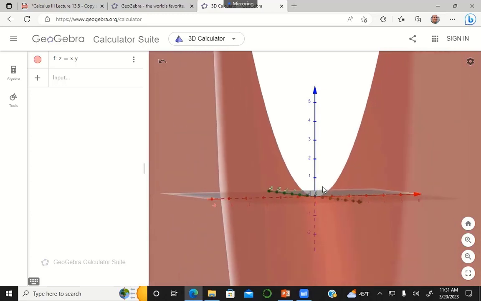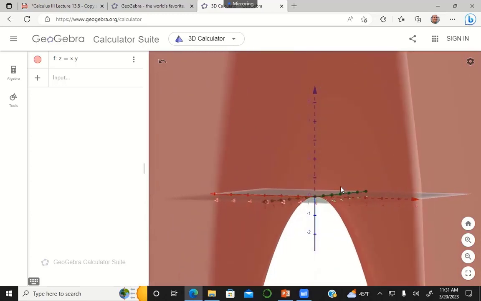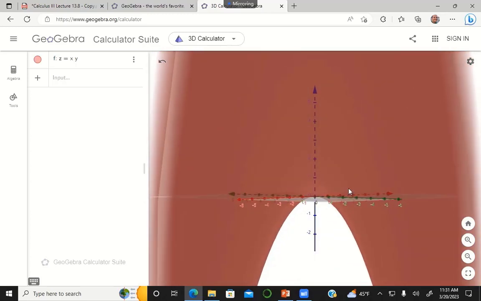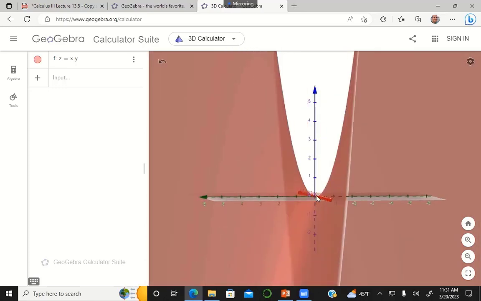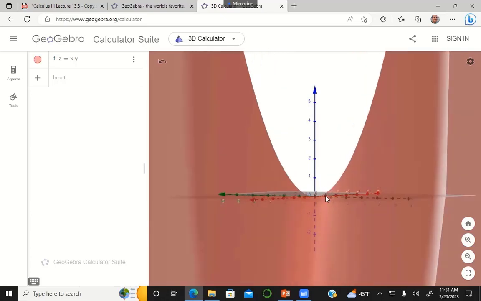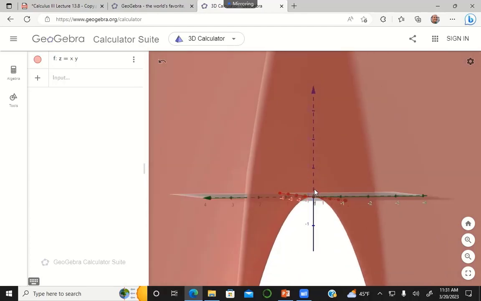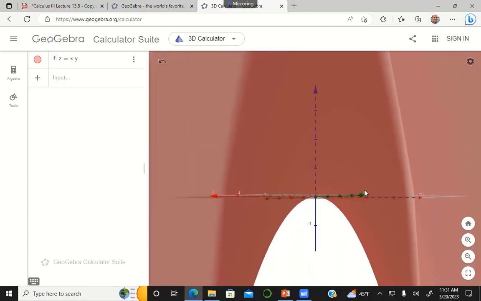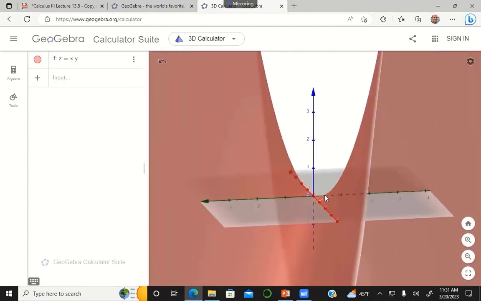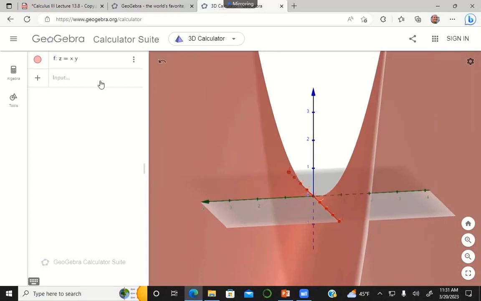But then if I turn my view, now it looks like it's concave down, and it looks like I have a relative maximum. So that point there is a critical point, where the derivative in every direction is 0, and yet it's neither a relative maximum nor a relative minimum. We call that a saddle point.